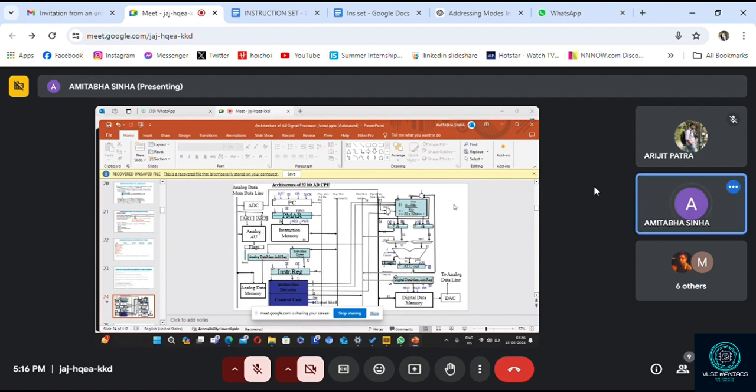Now we'll be coming to some crucial point. If we understand this architecture, we'll find that as far as the digital instructions are concerned, they are not very difficult tasks. We can do that. But as far as the analog instructions are concerned, depending on that, we have to design the analog arithmetic unit.